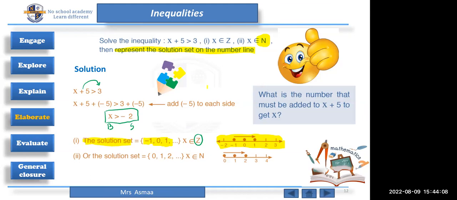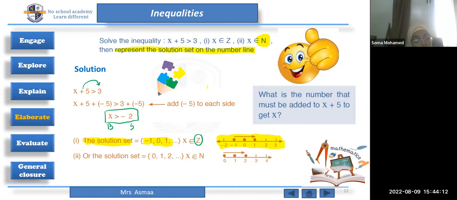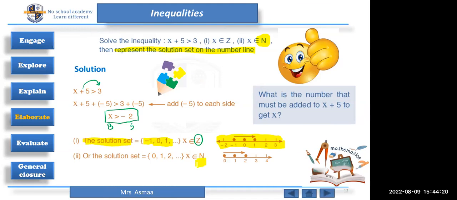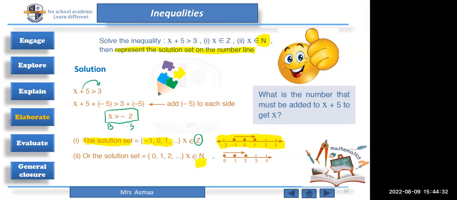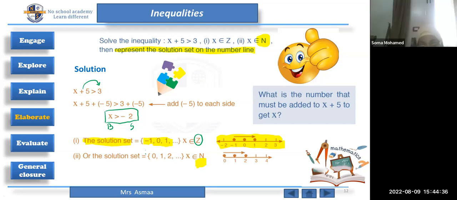Can I take the negative in natural numbers? No. I take only the numbers which are in the natural numbers. What is the number in the natural? What is the 0? Yes, 0 and the positive numbers. Okay, fine.